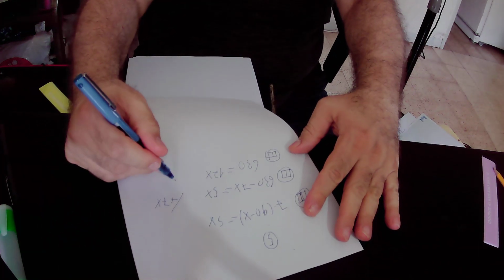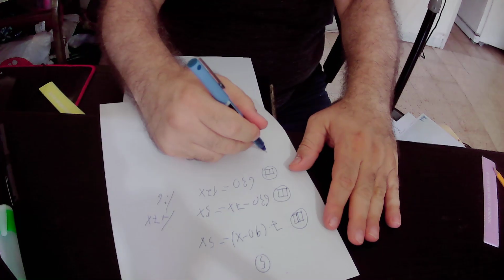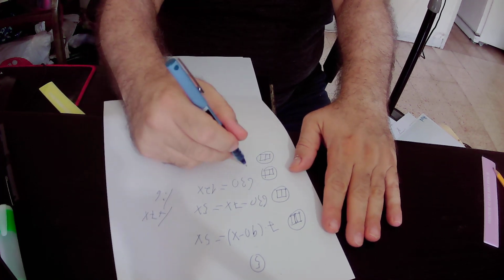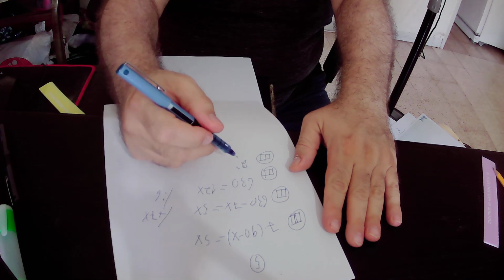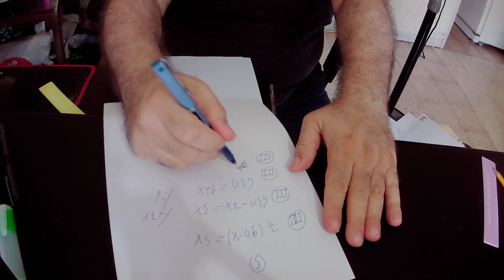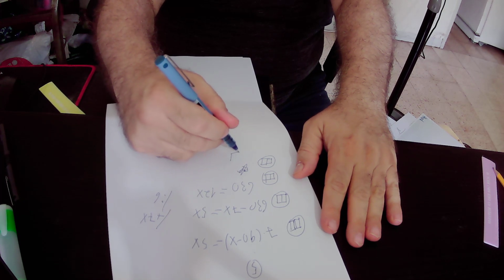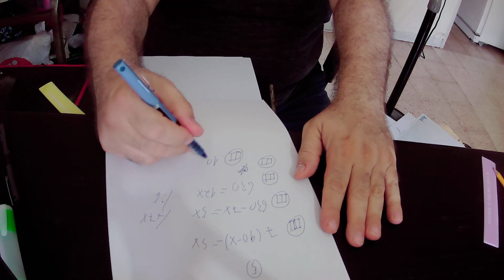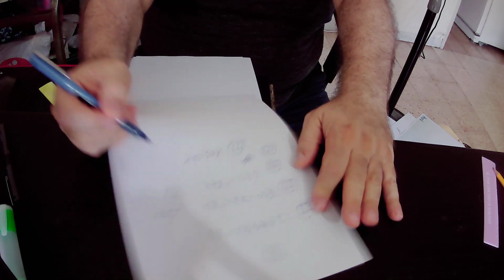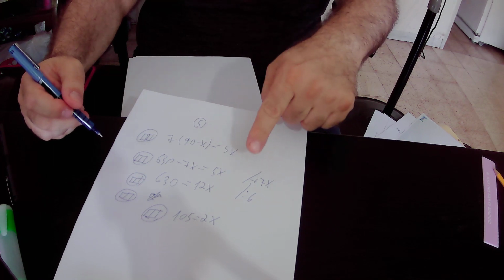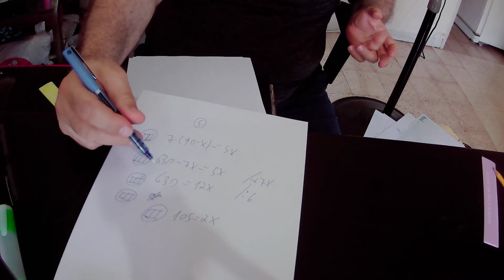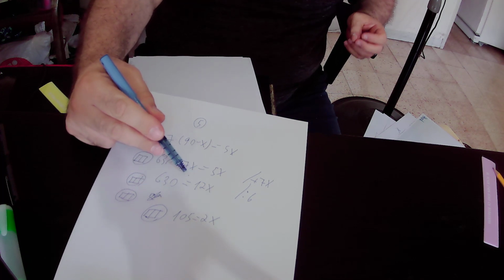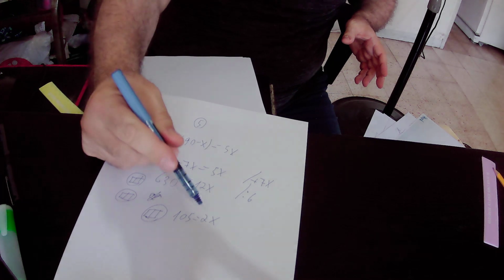We will get that 105 equals. So we divided both sides of the equation by 6, and 630 divided by 6 equals 105, and 12x divided by 6 equals 2x.